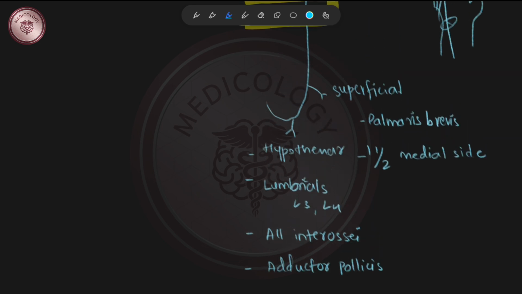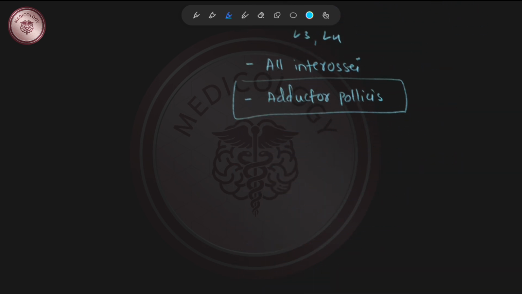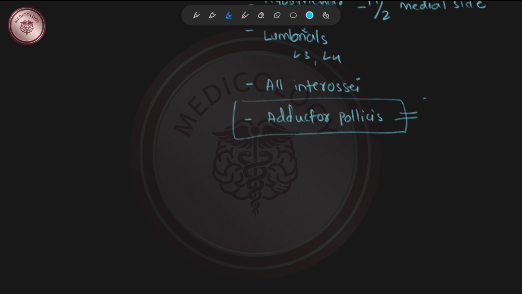Adductor pollicis is the last muscle to which our ulnar nerve is inserting. That's why it is known as the graveyard of the ulnar nerve. Is it clear?